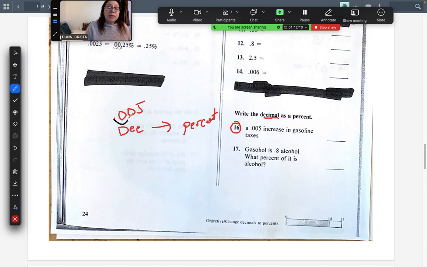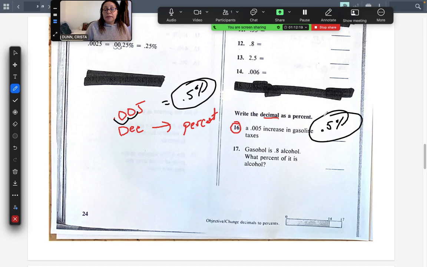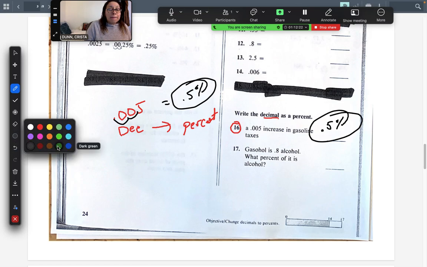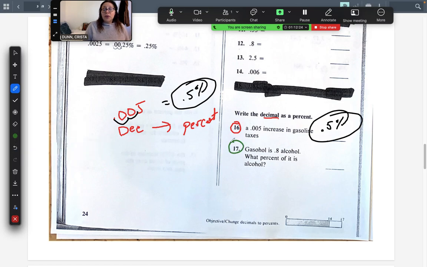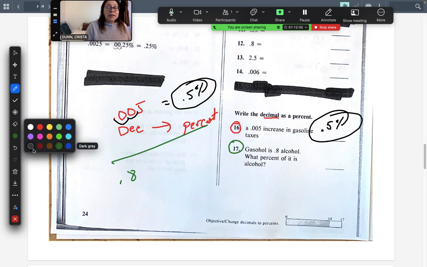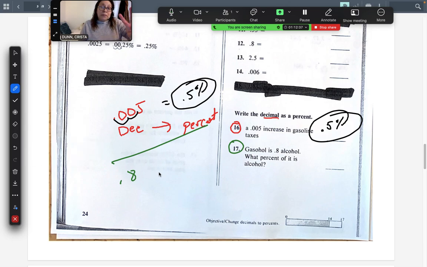So I'm going to go 1, 2. So here, in 17, gasohol is 0.8 alcohol. What percent of it is alcohol? So I have 0.8, and I'm going to go ahead and move it. How many place values? In which direction, bigger? So I'm going to go ahead and go 1, 2.